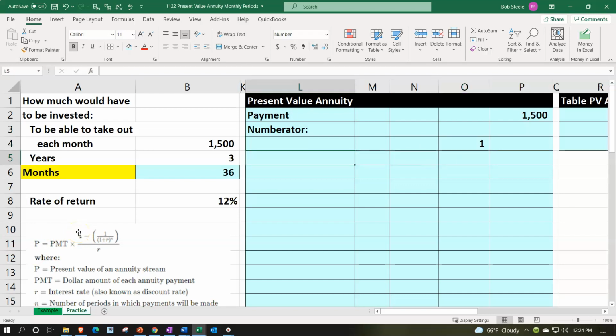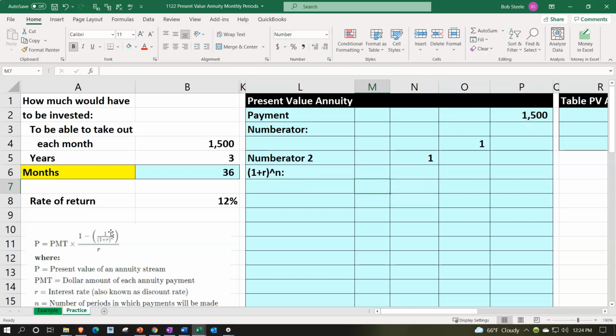And then I'm going to call this numerator 2, which I'm just going to put 1 here, and that's going to be this 1 right there. And then we're going to put this as the denominator of 1 plus R, Shift 9, Shift 6, caret to the N, periods, colon, because we're pulling out to the inside.